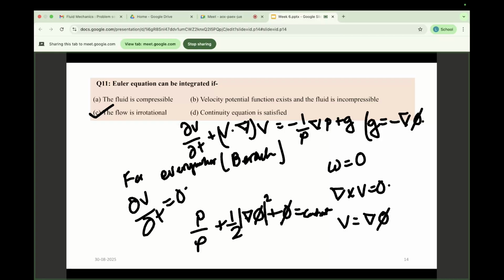Generally, it is irrotational. The last is that the continuity equation is satisfied. Just by ensuring the continuity equation we can't say, because we need the details of the energy conservation equation. That's why option C is the correct option.